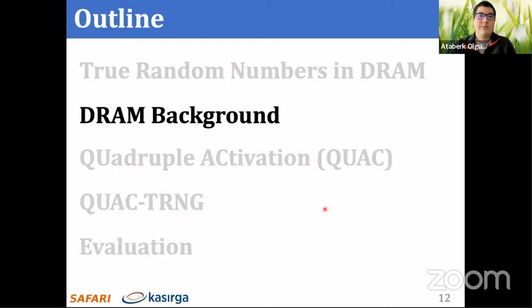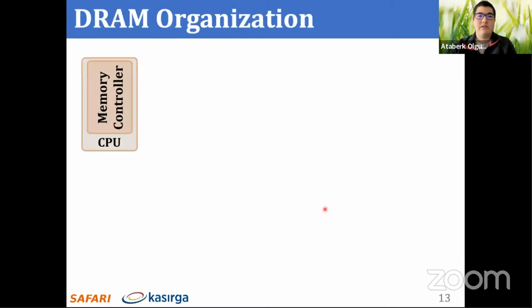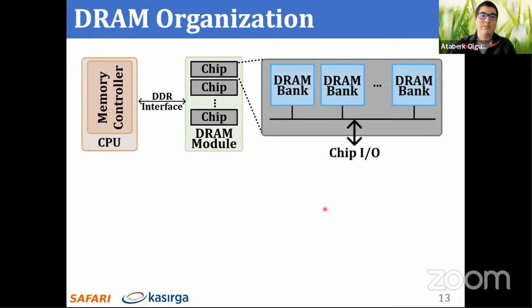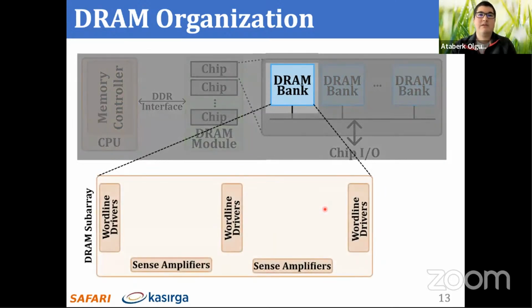Now I'll go over the relevant background on DRAM organization. A processor's memory controller communicates with a set of DRAM chips within a DRAM module through a memory channel. Each chip contains multiple banks that share a common interface. DRAM banks are organized into subarrays that consist of a set of word line drivers and sense amplifiers.